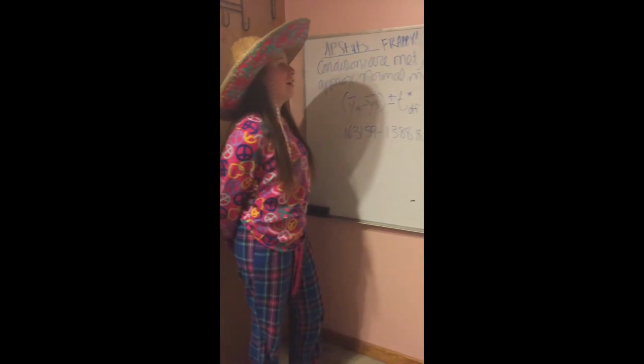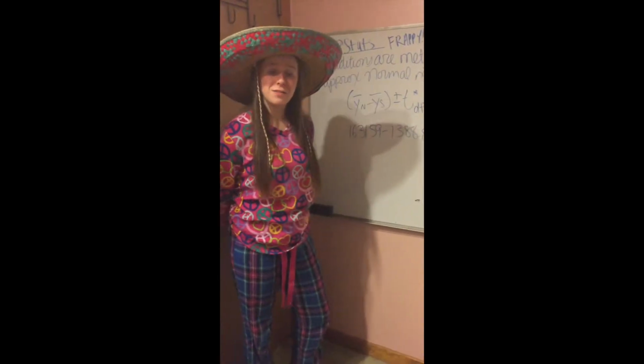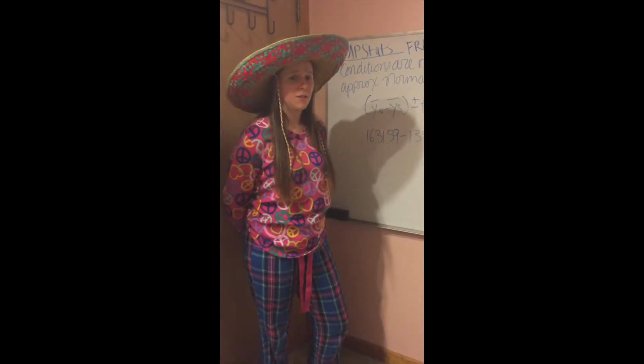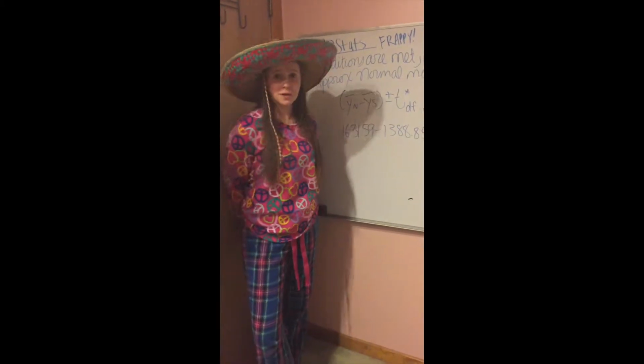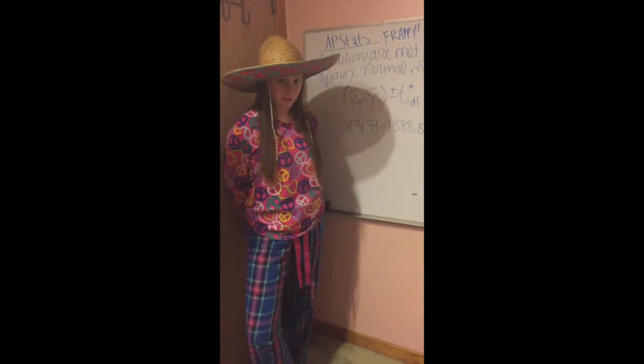Now that we have made sure all the conditions are met, we can proceed with the confidence interval for two means, using an approximately normal model, because we're using the Student's t model, which is not normal, which we already discussed earlier, with degrees of freedom 53.49, which we are going to find using the calculator. I will show you that later.